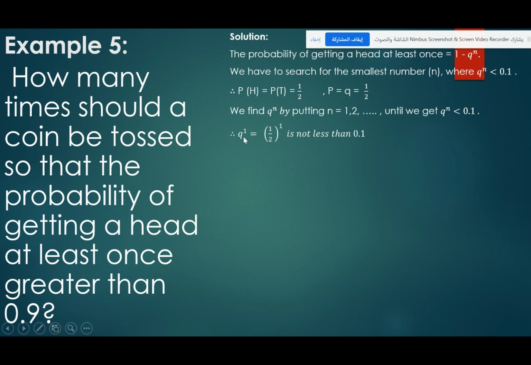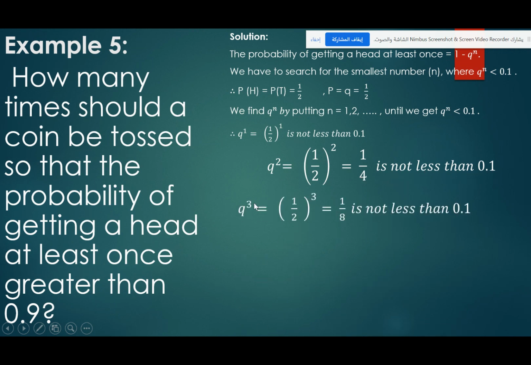Let's replace it: q to the power of 1 will give me half, which is not less than 0.1. So we try q to the power of 2, which is 1 over 4, which is 0.25, not less than 0.1.